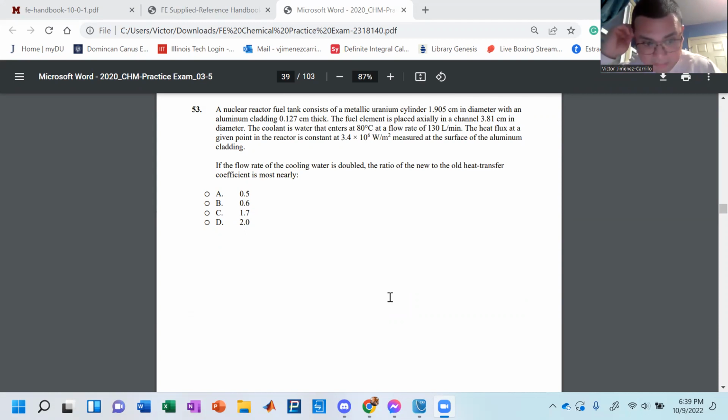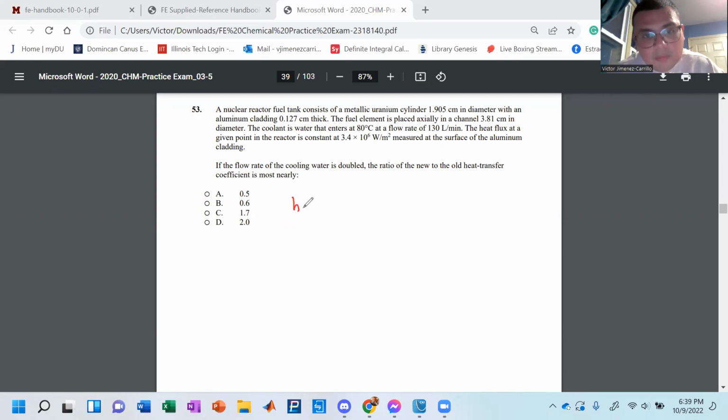Okay, for this question, it's simple because it's on you to remember from heat transfer class that if you double the flow rate of anything, you probably doubled the velocity, and you probably are going to double the Reynolds number. So if you double the Reynolds number, then you can have this simplistic way of thinking about it.